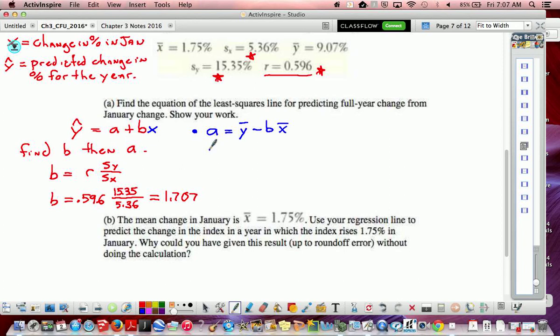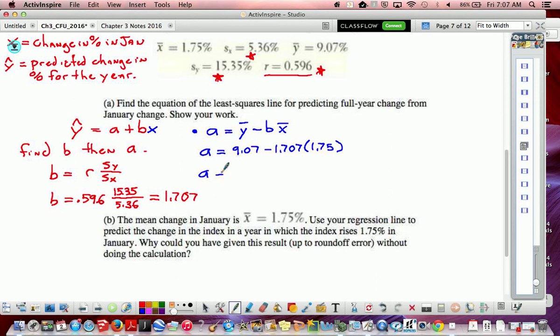So now all I have to do is solve for A. I know that the mean of Y was, according to this, 9.07. Then we're subtracting my slope, 1.707, times the mean of X, 1.75.